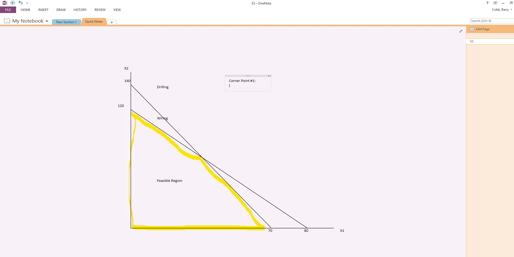The first corner point is where x1 equals 0 and x2 equals 120. The profit at this corner point is 0 times 25 plus 120 times 15, or 1800. We simply substituted the number of units of x1 and x2 into the profit function defined earlier.